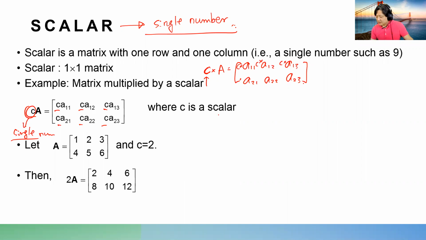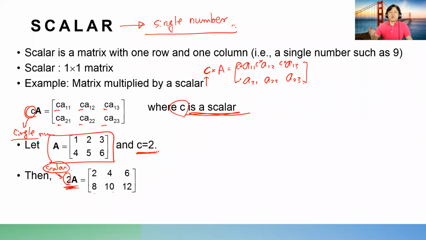So this is scalar. So for example, this is our matrix, and then we multiply 2, and this is 2A, right? And it will be 2, 4, 6, 8, 10, 12. This is the scalar. Okay. Basically, what scalar does is it is a scaling factor. So basically, what matrix does is matrix is a linear transformation.